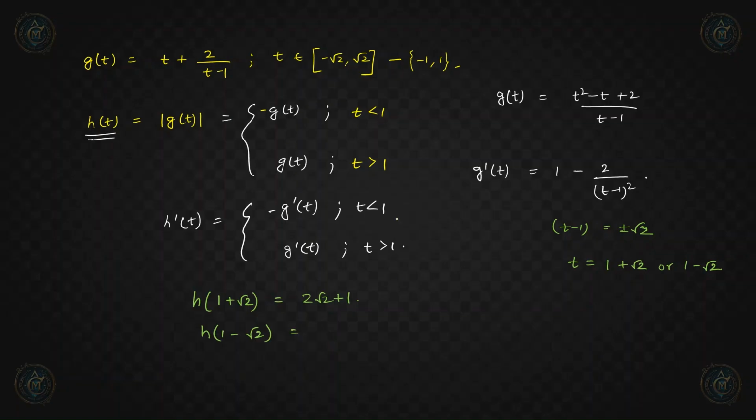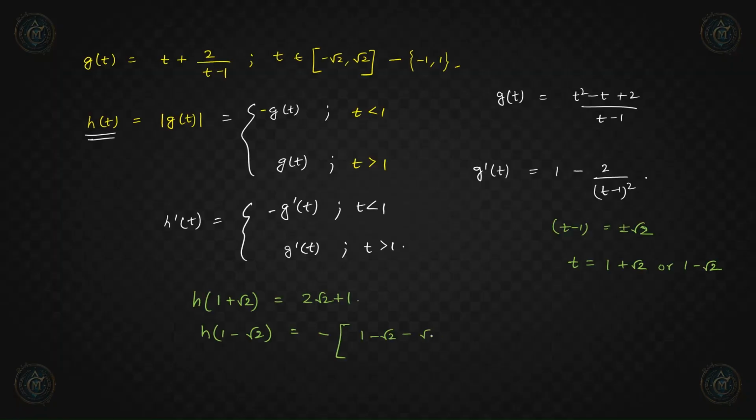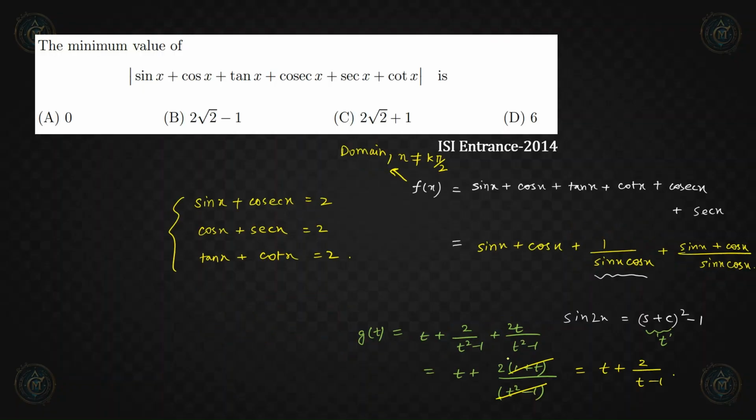Because t is less than 1. So if we calculate, this will be minus outside, then 1 minus root 2 plus 2 by minus root 2, that means minus root 2, right? So this will be 2 root 2 minus 1. That means our minimum value of this function comes out to be 2 root 2 minus 1. This will be our correct answer. So option B will be our correct option in this case, right?